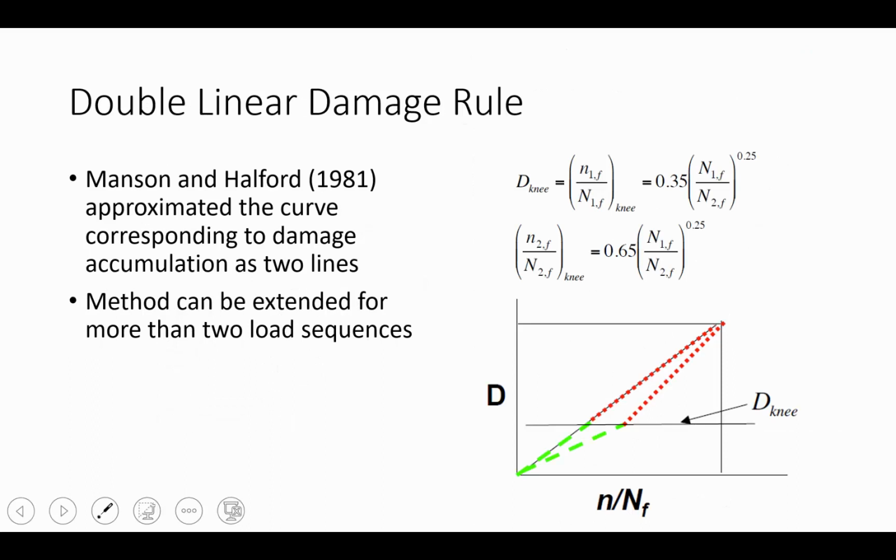We also have the double linear damage rule. This one is a little easier for us to use. It was developed by Manson and Halford, and it approximates the curve that corresponds to damage accumulation as two lines. And this method is where we simply introduce a knee damage that takes us from this linear damage to a step change in damage due to prior loading.